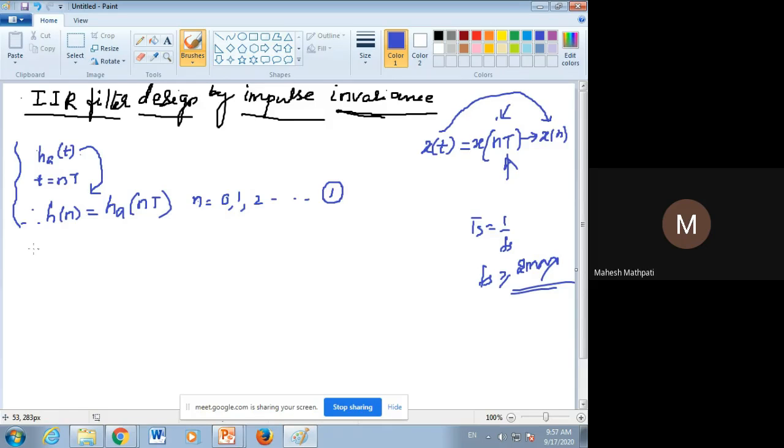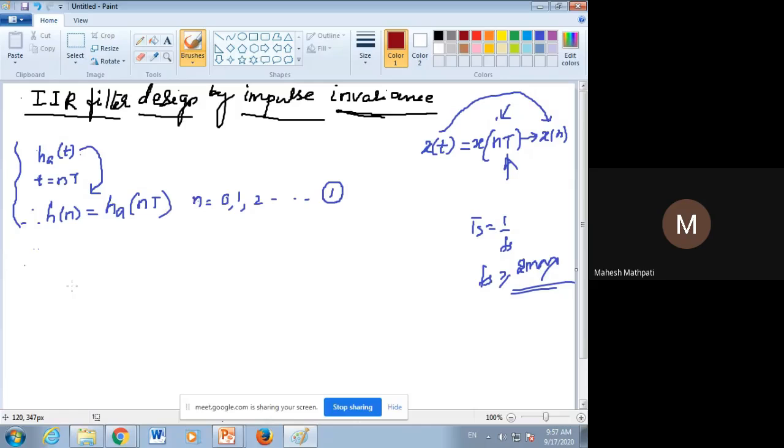No, sir. Very good. Have you heard the word transfer function? Yes, sir. The transfer function itself we are calling the system function. That is the other name for transfer function.